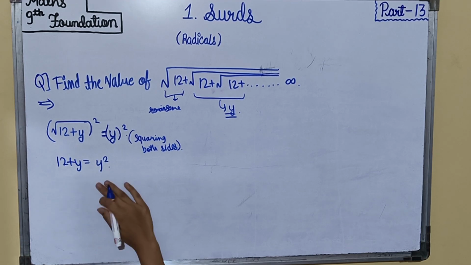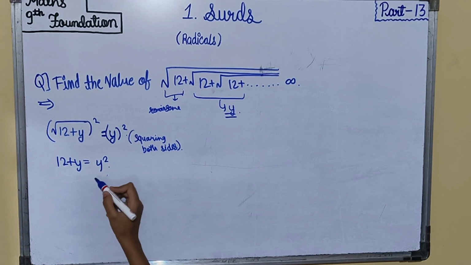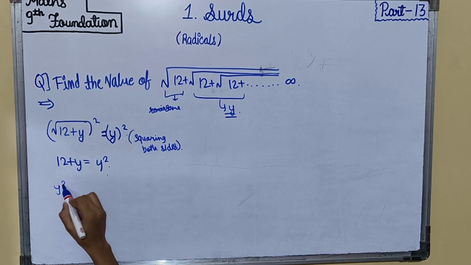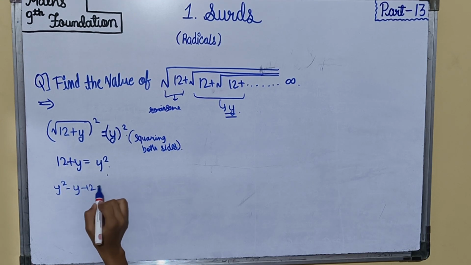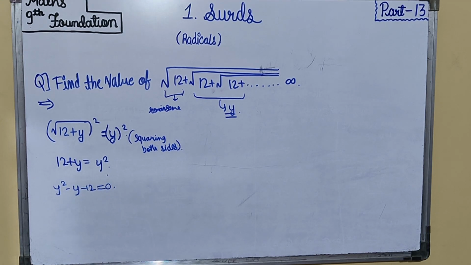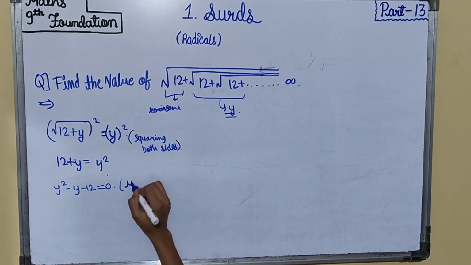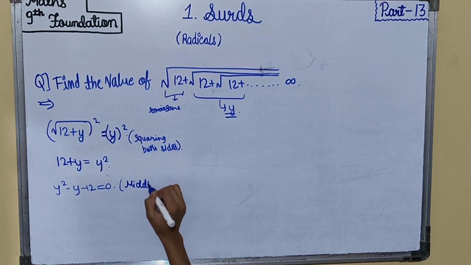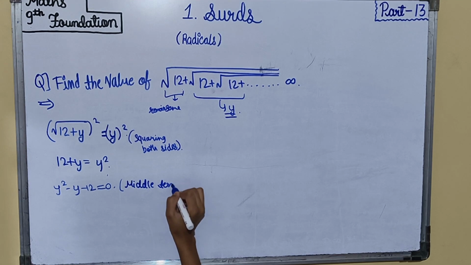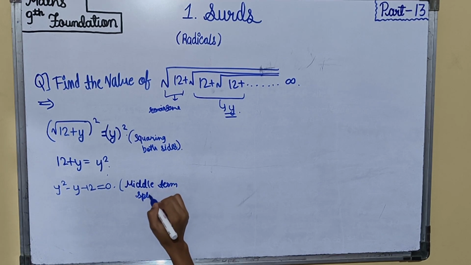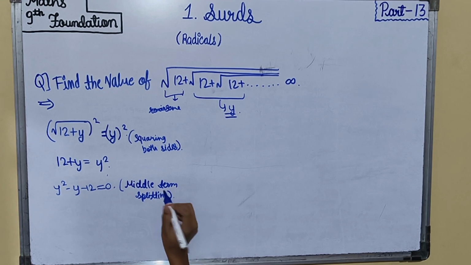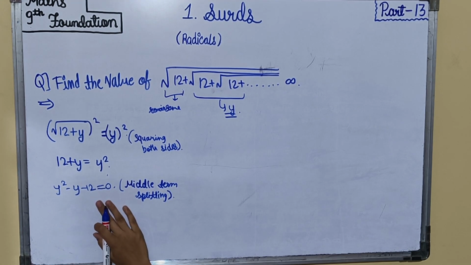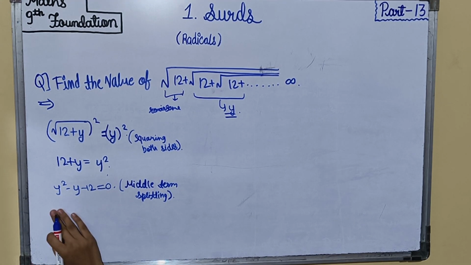We'll transpose this: y square minus y minus 12 would be equal to 0. Now one thing we'll do, that is most common, middle term splitting. Over here the multiplication could be minus 12 and the addition should be minus 1.